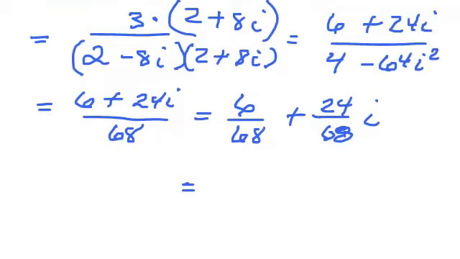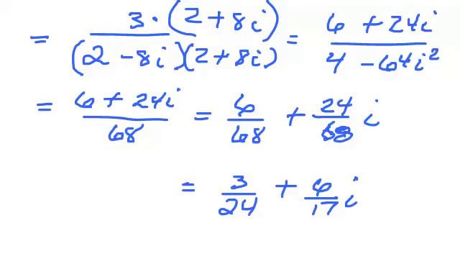So that looks like 3 over 34, I believe. 3 over 34 plus 24 divided by 68, of course we know that's going to simplify down because 2 divides both of those evenly. So we have 6 over 17i. Right? 6 over 17i. So that's number 8.